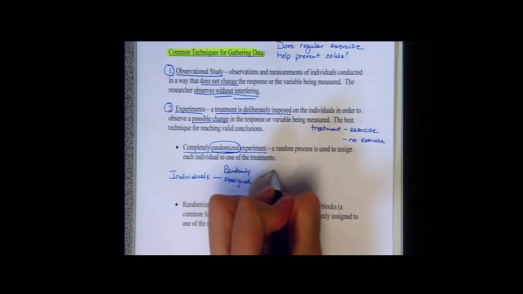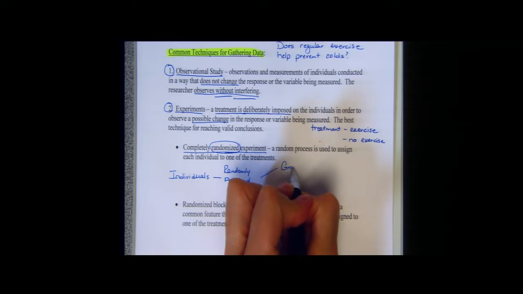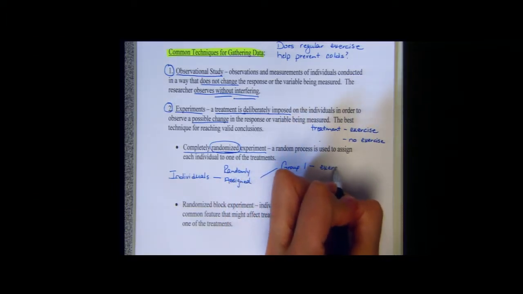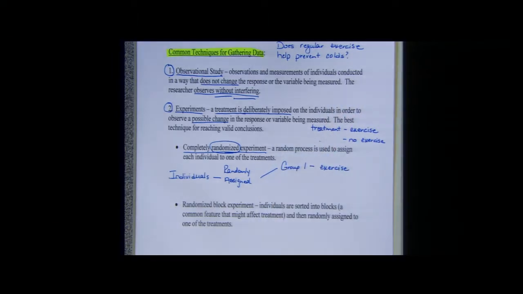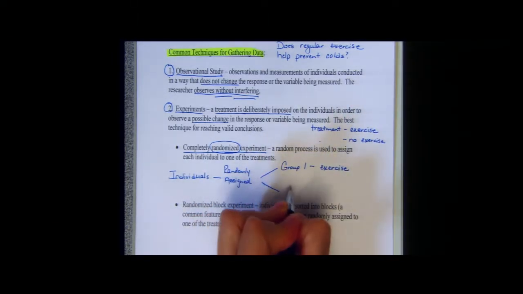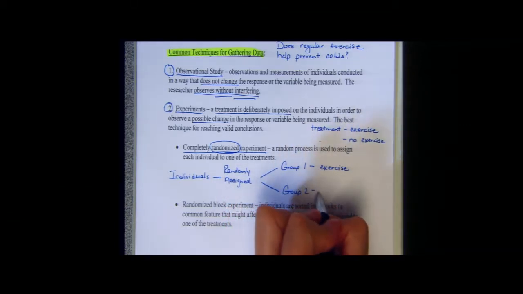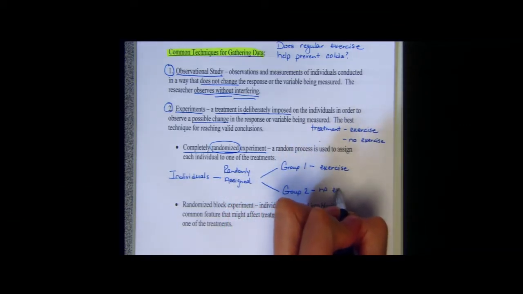You would have group 1, and this group would have an exercise regimen. Then you would have group 2, and they would do no exercise.